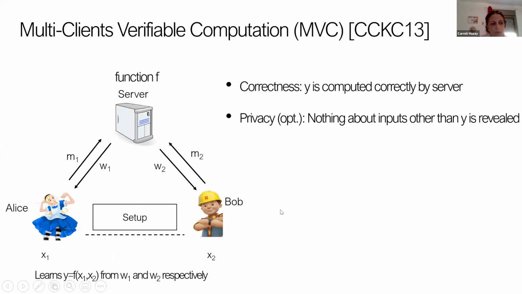The basic model that we consider in this paper has three parties: Alice, Bob, and the server. There is a setup phase where they share a random string, and a third untrusted server emulates the role of the third player.